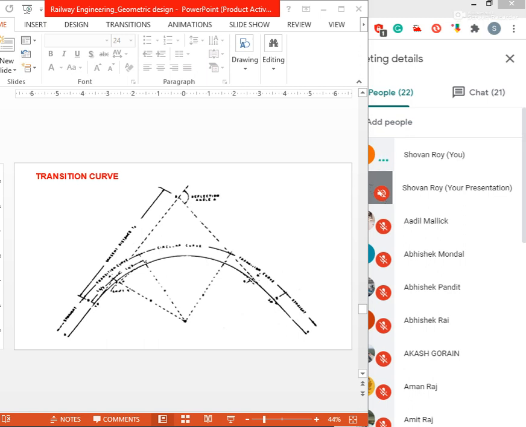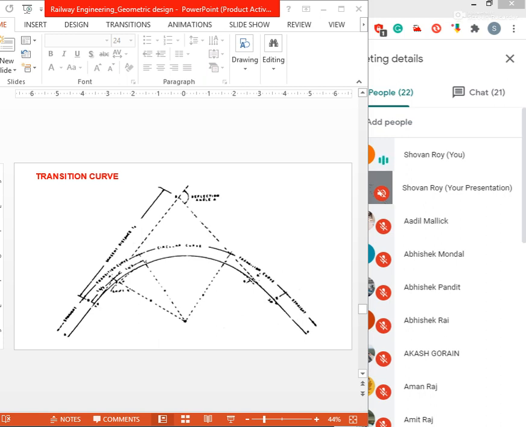Rolling stock means the railway portion which is fixed, which is not movable. Some portions of the railway we can move, for example the switching portion, where a switch is provided. Suppose a train is going on a single line and suddenly has to change to another line.